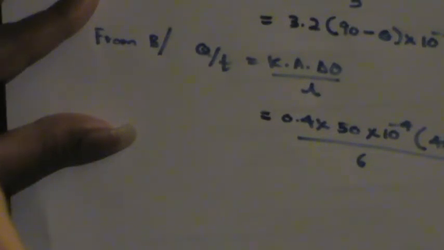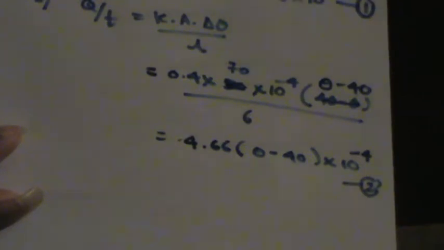No, I'll take the area to be 70. So this will be 70 times 0.4, which is 28, divided by 6.